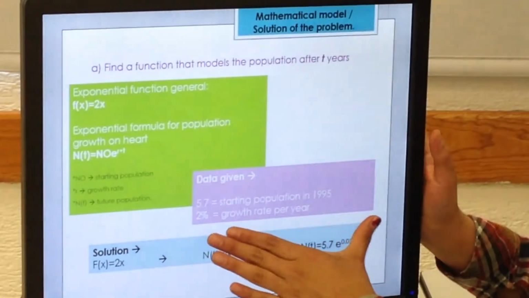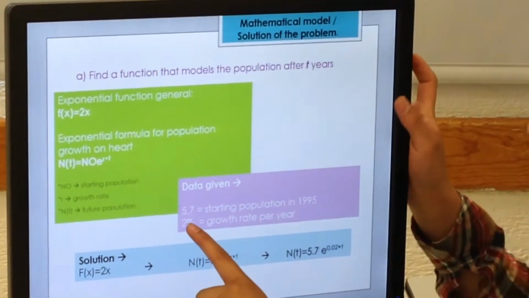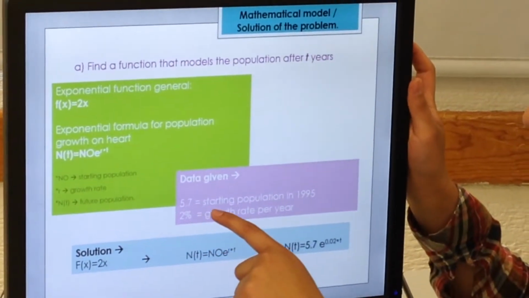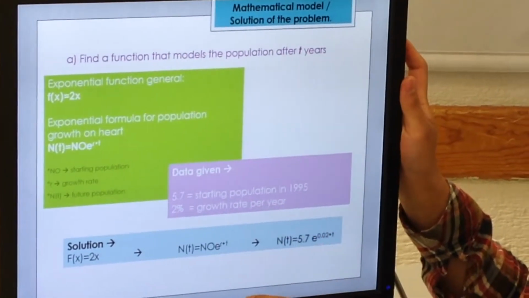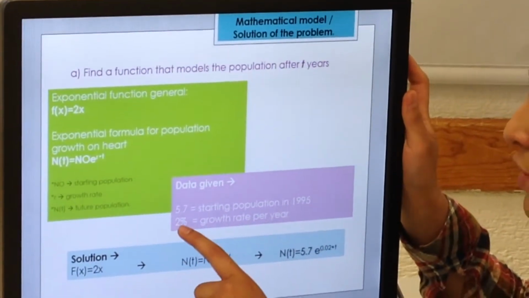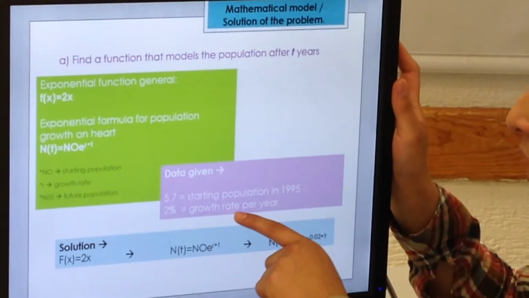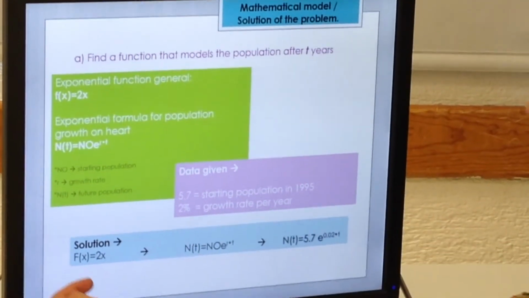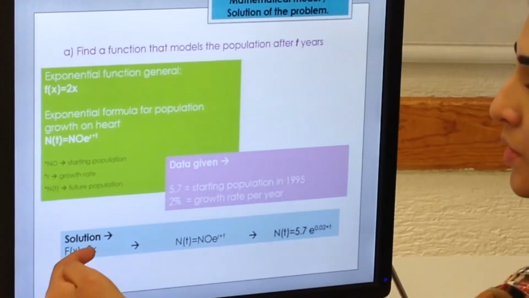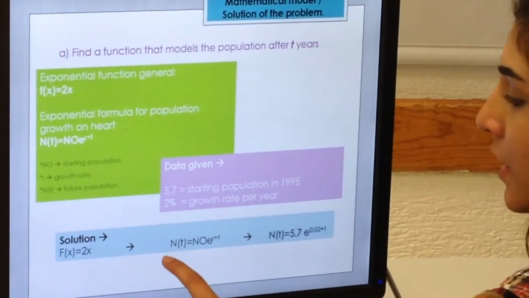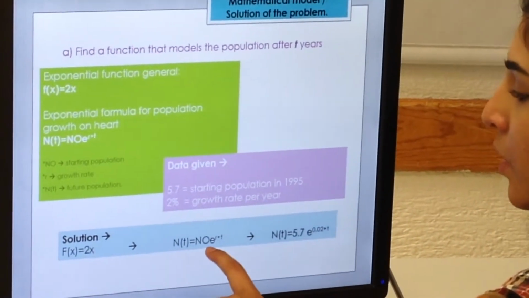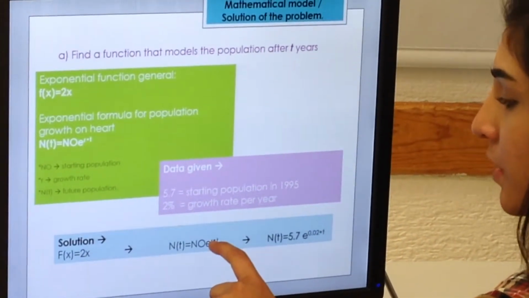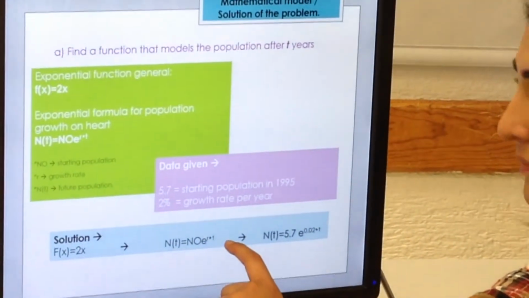Well, here is our data: 5.7 is the starting population in 1995, and 2% is the growth rate per year. So this is the solution. If f(x) is equal to 2^x, then N(t) is equal to N0 e^(rt).